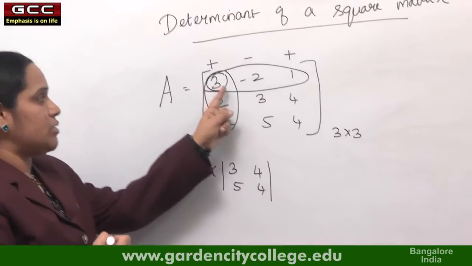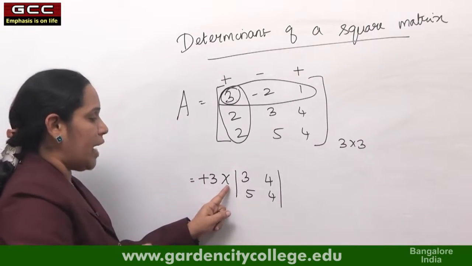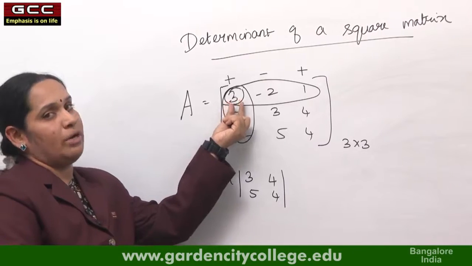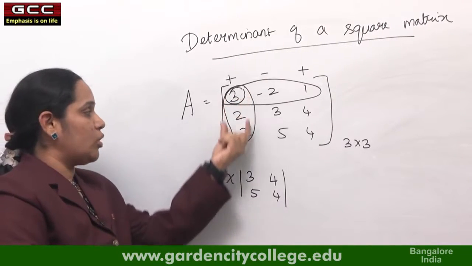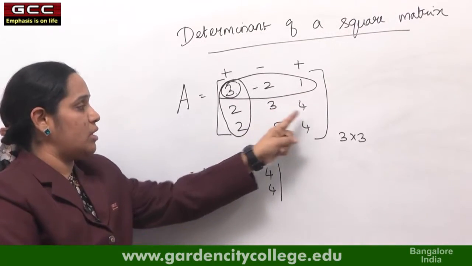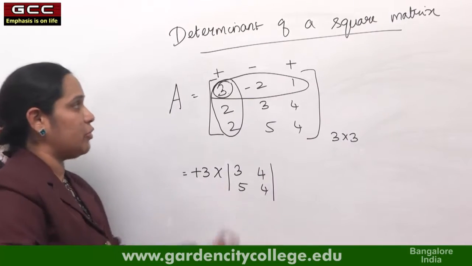So the first element is 3 and its sign is plus, multiplied with the determinant of the remaining 2 by 2 matrix 3, 4, 5, 4.